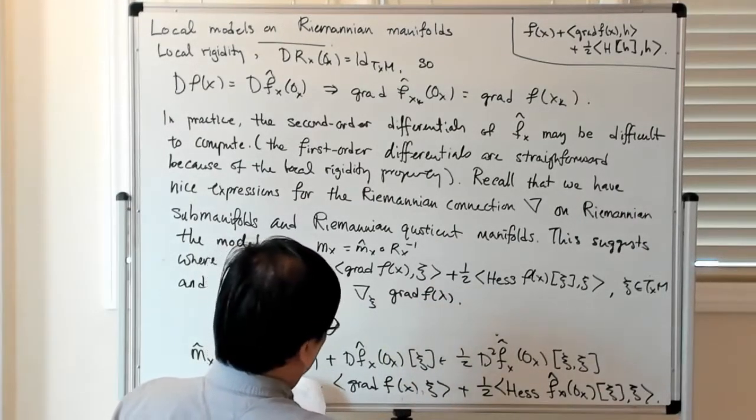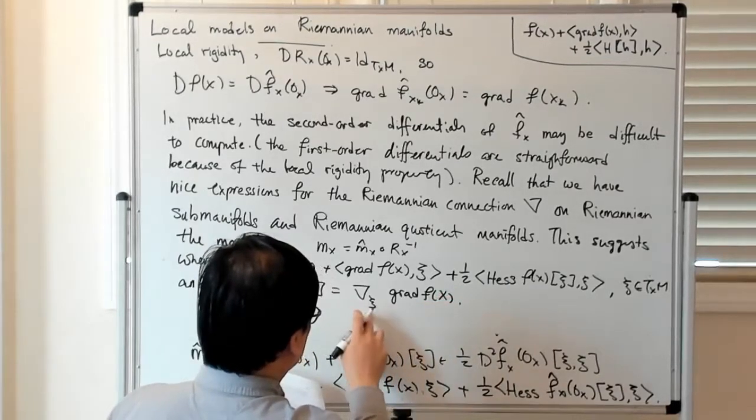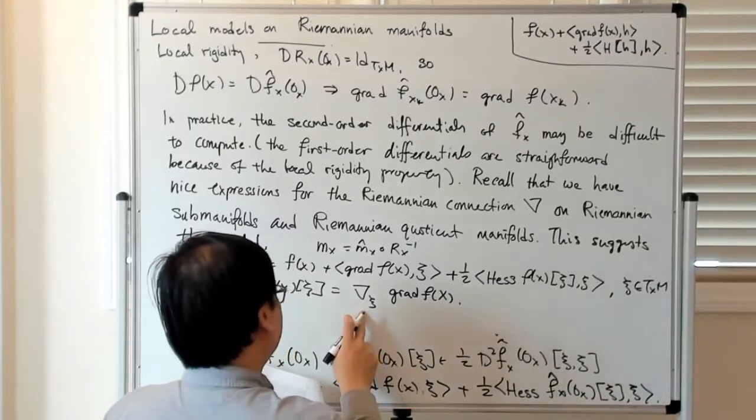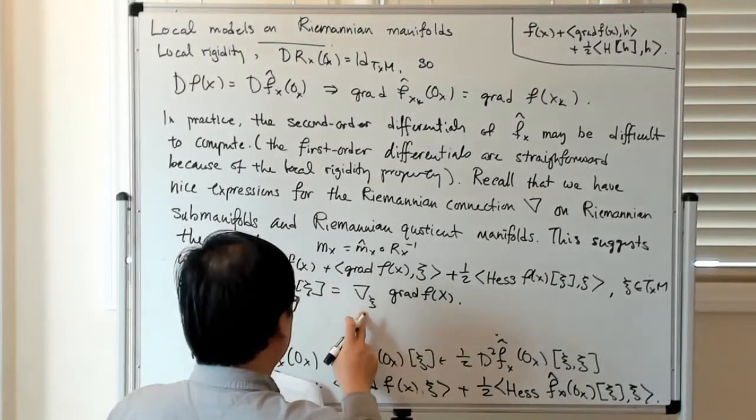So what's the problem? The problem obviously is that this depends on the choice of covariant derivative.